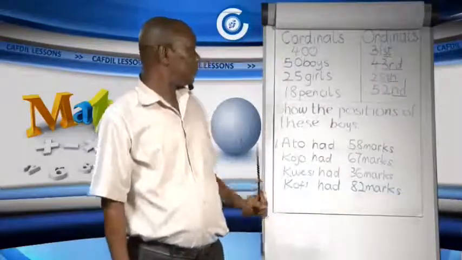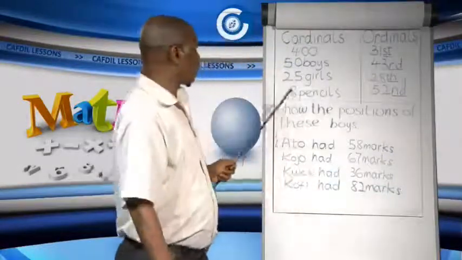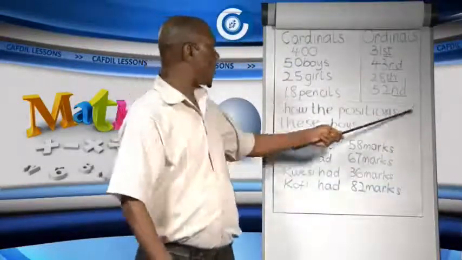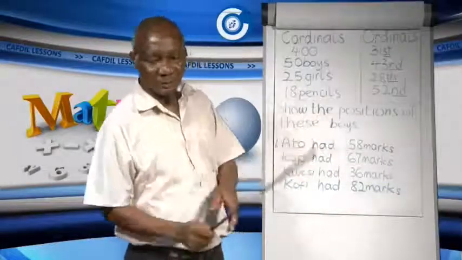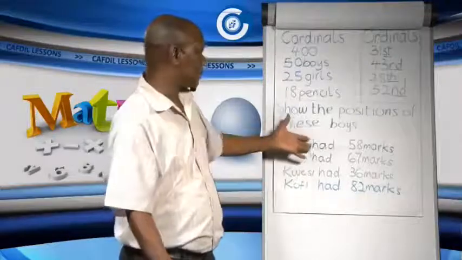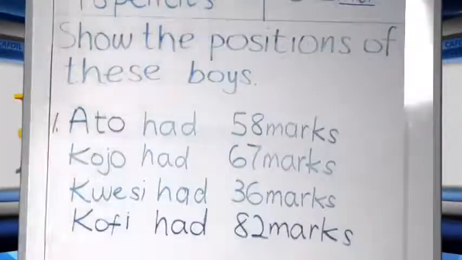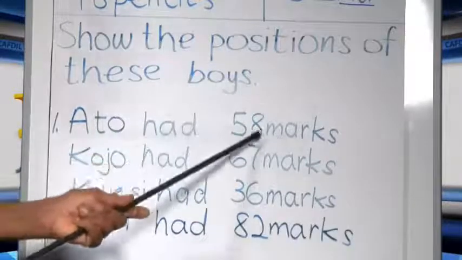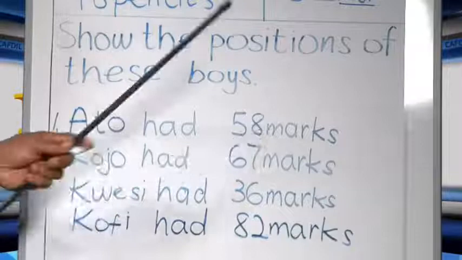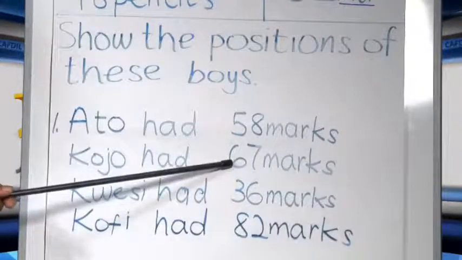Now, let's look at this question. Show the positions of these boys. These boys took a test and their marks are here. Ato had 58 marks. Kojo had 67 marks.